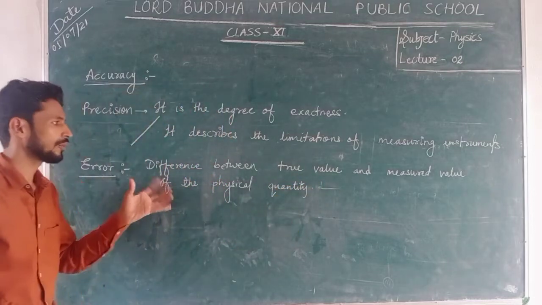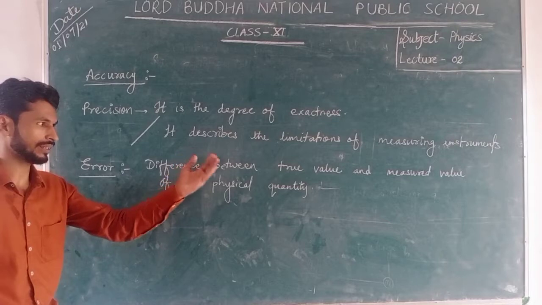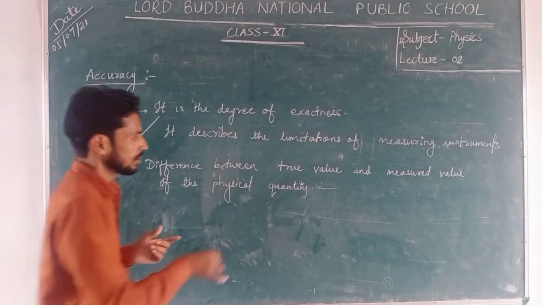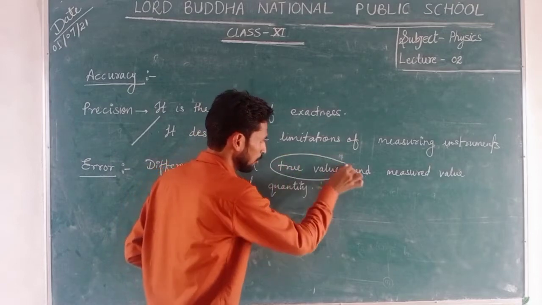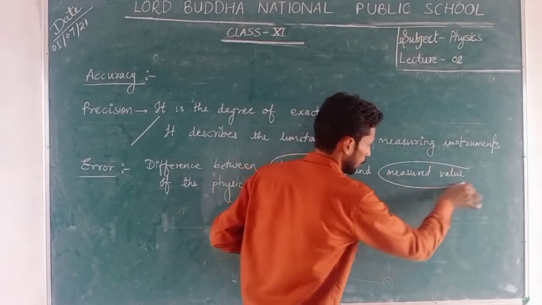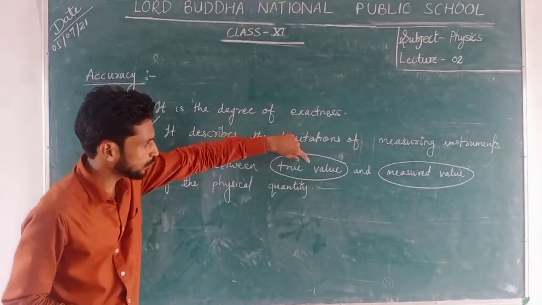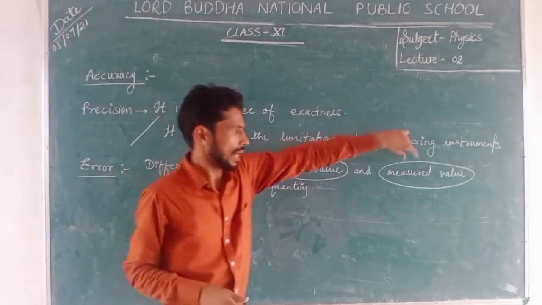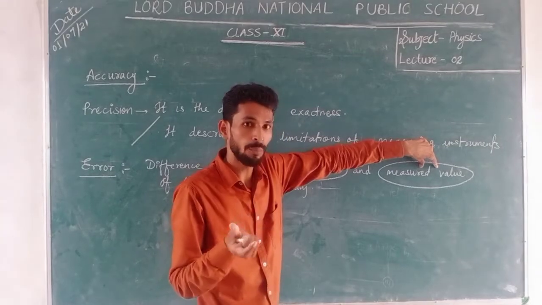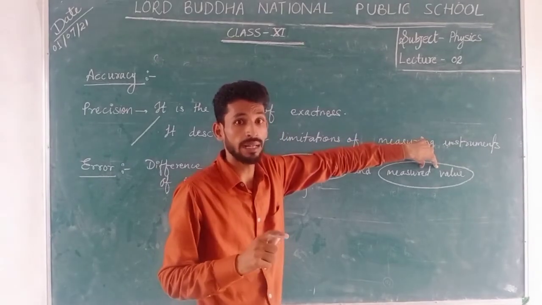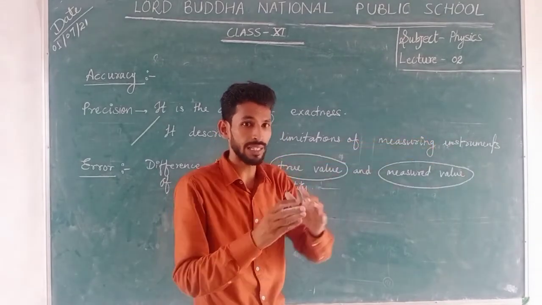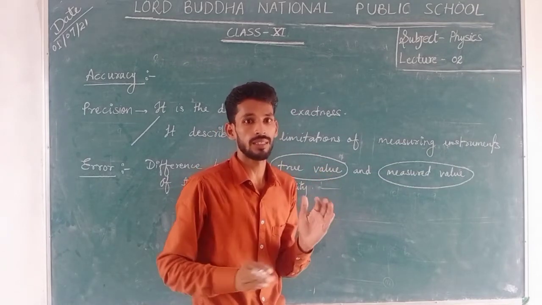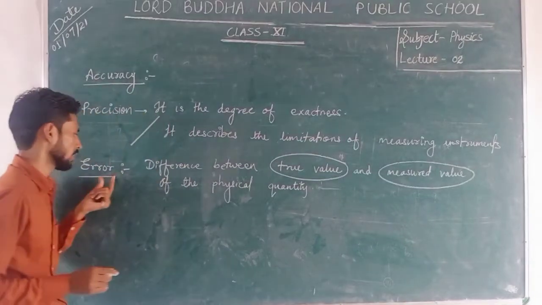So that is the difference between the true value and the measured value of the physical quantity, that is known as error. So what is the true value and measured value? This is the actual value of the physical quantity, that is the actual quantity, and this is the value measured by the instrument, that means practical value. So the difference between practical value and the true value, real value, that difference is known as error.